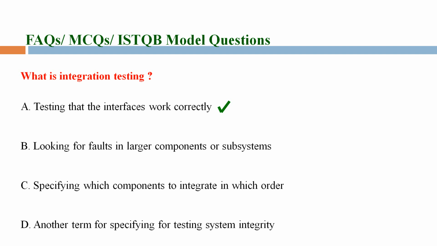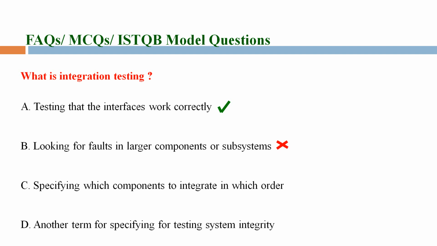Testing that the interfaces work correctly is the correct option, because in integration testing, predominantly the software development team will test whether these interfaces are working properly or not. That is the major aim and purpose of integration testing. The rest of the options are wrong.